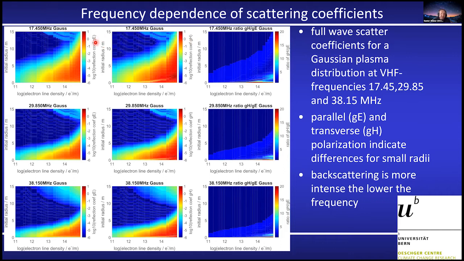G defines the reflection coefficient for the electric field component, so this is in the plane of the meteor trajectory, and H is the magnetic field component oscillating perpendicular to the plasma column. And what you see is, first of all, a distinct frequency dependency, which is also reflected by how fast the meteor plasma can spread away from the column before the reflection goes down.